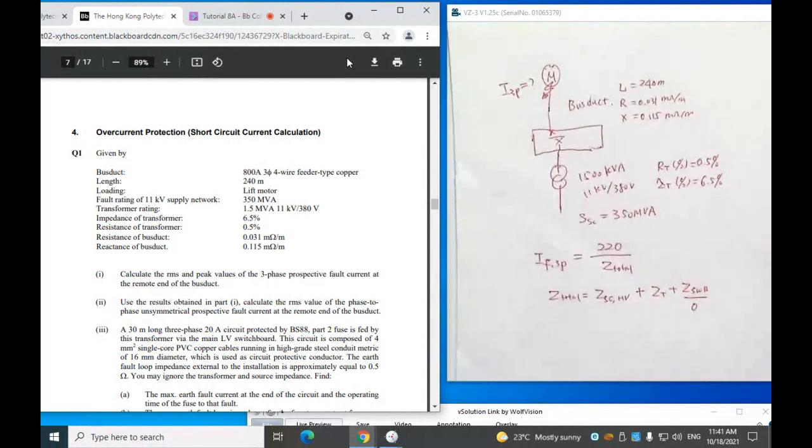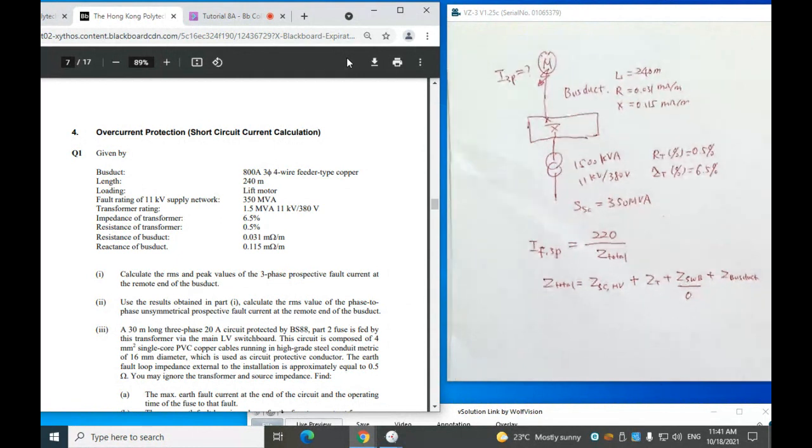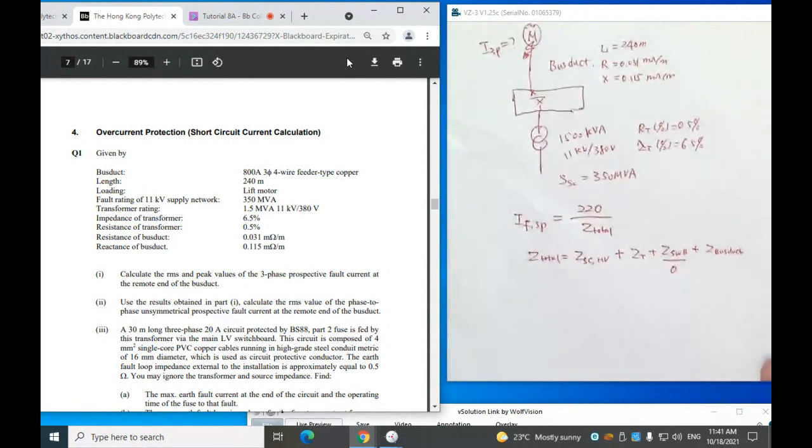And then the busduct. That is the way to find the impedance, and once the total impedance is given, you can use the very simple formula, Ohm's law, to determine the three-phase fault current.